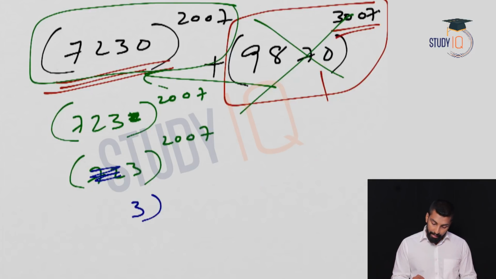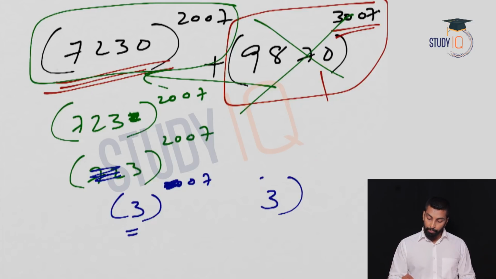So you'll write it as 3 raised to 2007. Since the power cycle of 3 is 4, this 2 is also not important for you. So you'll write it as 3 raised to 7. 3 raised to 7 you can also write as 3 raised to 3 because power cycle is 4. We have already discussed this, right? So then what is your answer? Answer is 7.